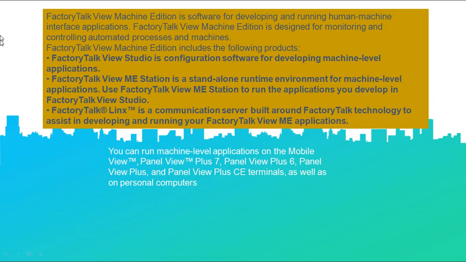So this is where we develop, and this is the environment where we do all the necessary stuff while developing. FactoryTalk Linx is a communication server built around FactoryTalk technology to assist in developing and running your FactoryTalk View ME application. This is basically a communication server which is necessary somewhere and somewhere is not.